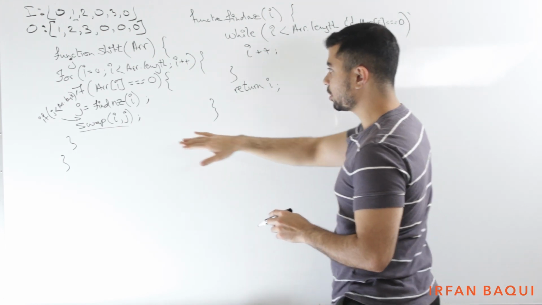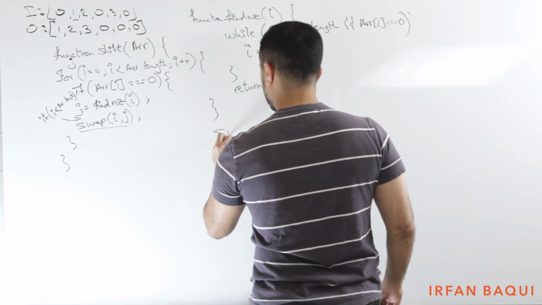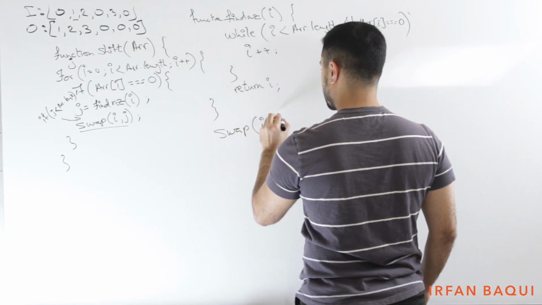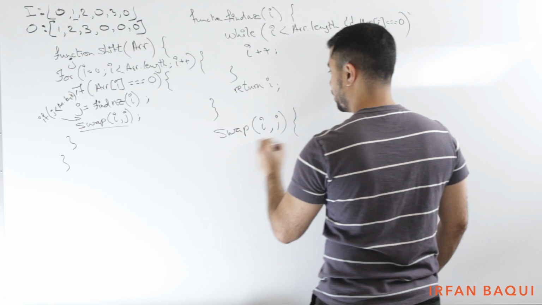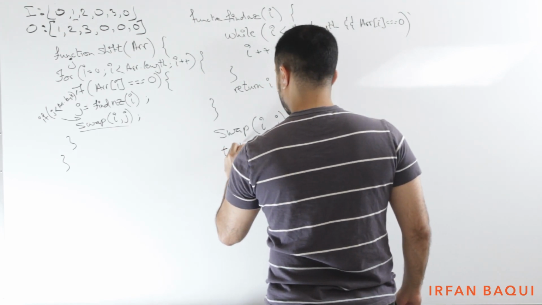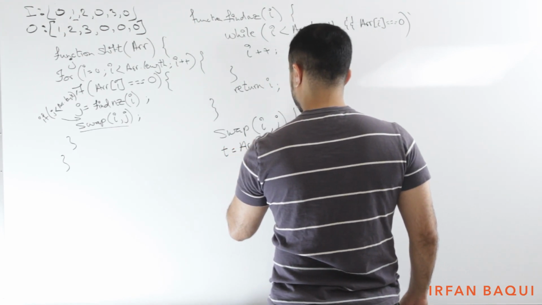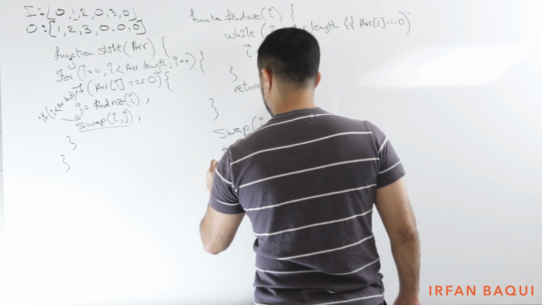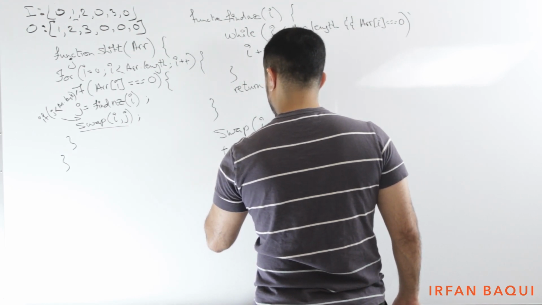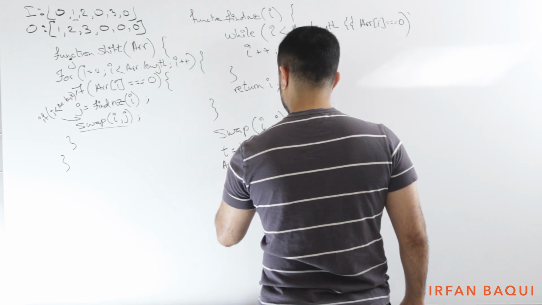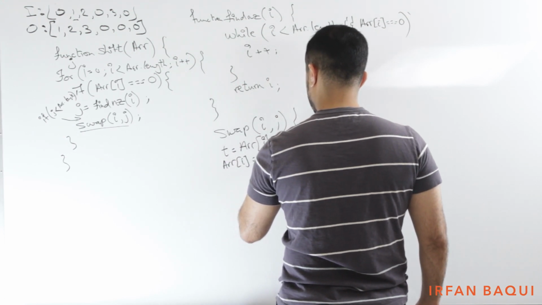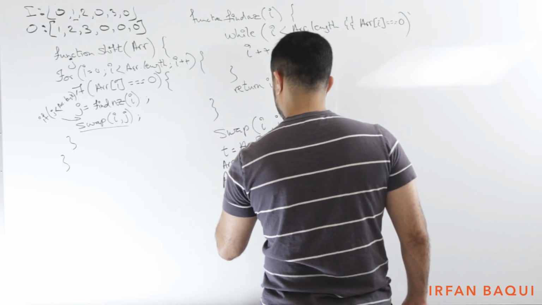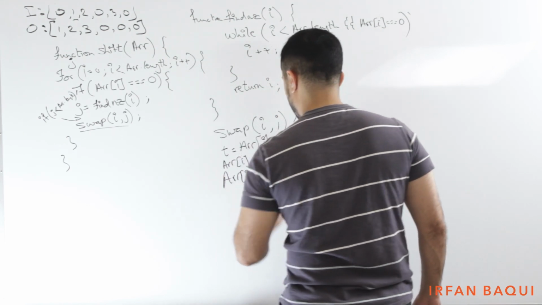And then the next function is a swap function, which basically does this. Let's say I have two indices, I and j. It stores one of them, array I, and then it says array I equals array j, and then array j equals t.